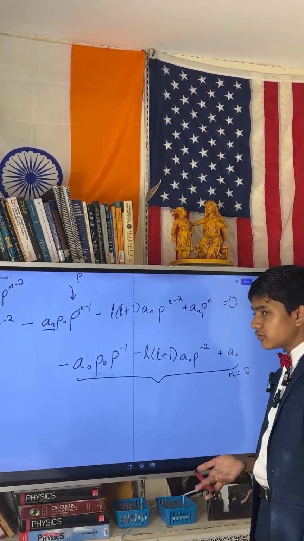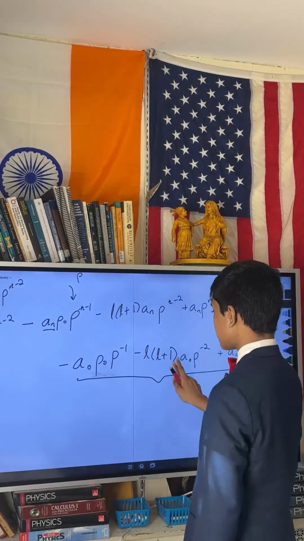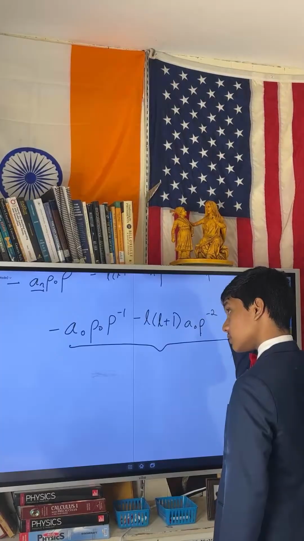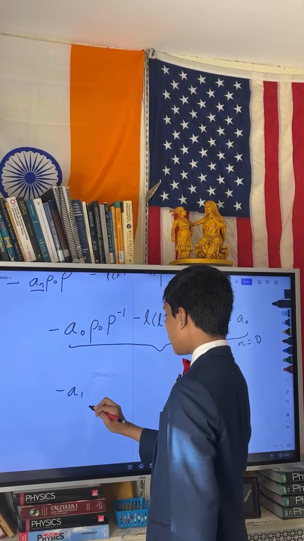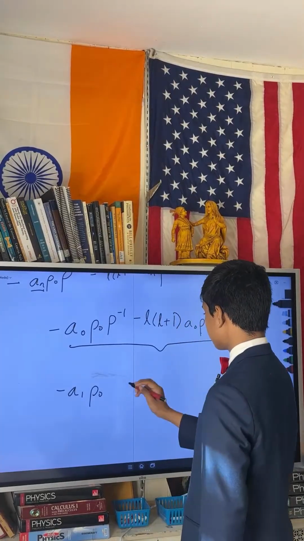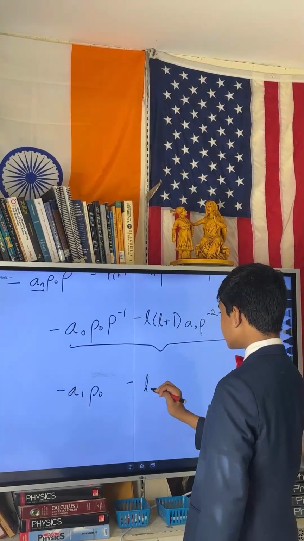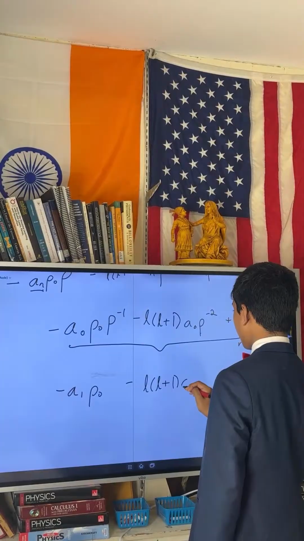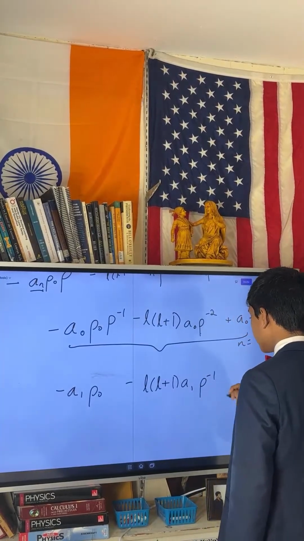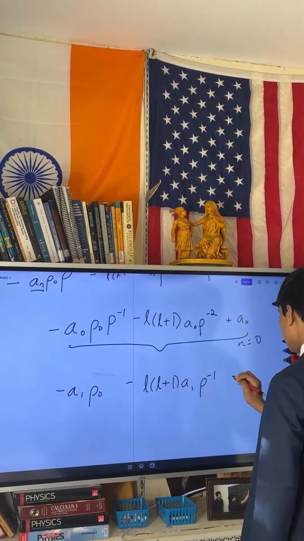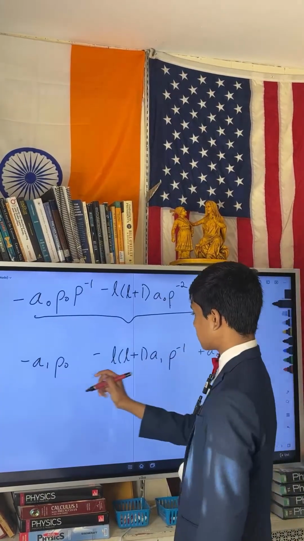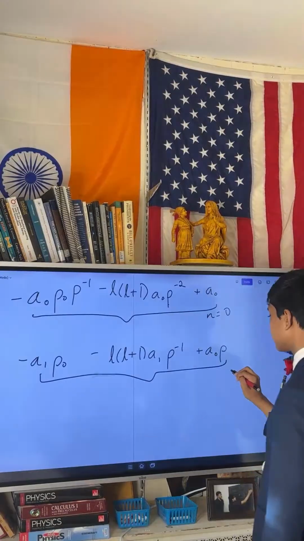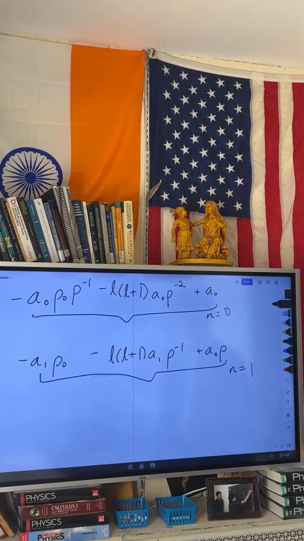The term for n equals 1 is, well, everything over this way disappears, minus A1 rho naught, that this becomes 1 minus L times L plus 1, A1 rho to the minus 1, still there, plus A naught rho, which is n equals 1.